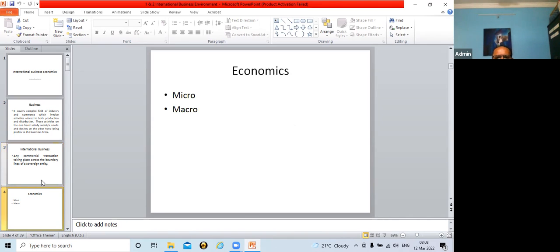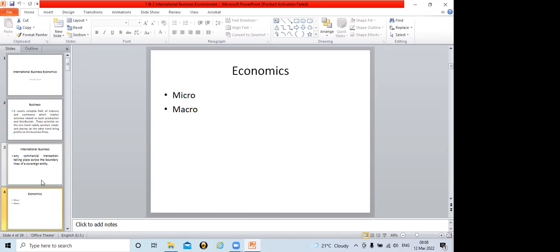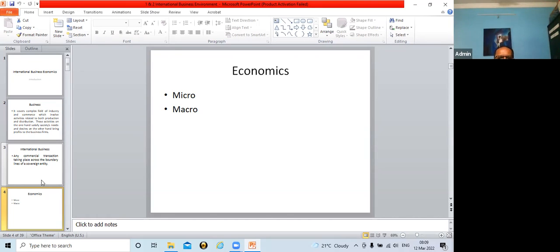Then about economics. Economics is divided into micro and macro. Will anybody tell me what is micro? Study of the smallest unit of business. Yes. Micro means study of small units and macro means study of large units. So macro covers aggregate study of economics, whereas micro covers specific study, a small, specific thing.